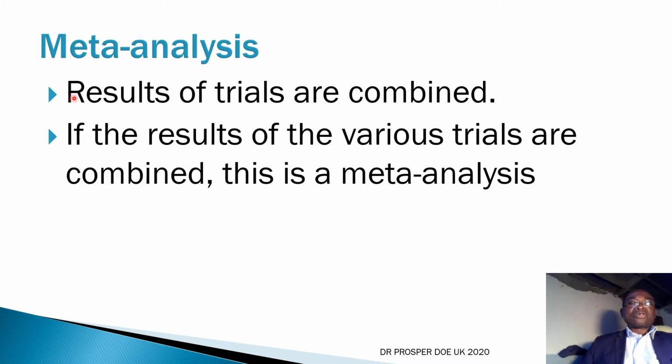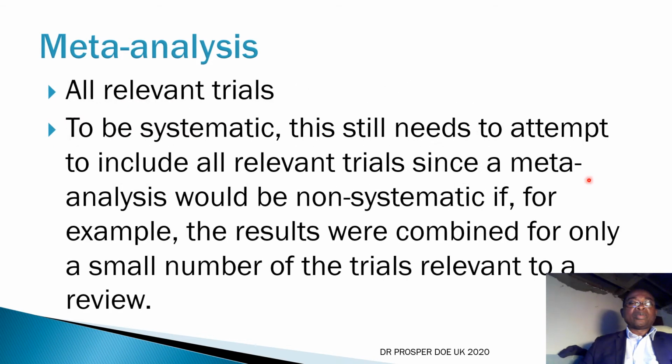The results of trials are combined in a meta-analysis. To be systematic, this still needs to attempt to include all relevant trials, since a meta-analysis will be non-systematic if, for example, the results were combined for only a small number of trials relevant to a review.